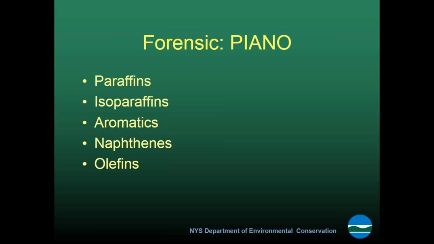And they said, okay, well, we're going to analyze for paraffins, isoparaffins, aromatics, naphthenes, and olefins. And I looked at that list and I recognized aromatics. I didn't know exactly what they were, but after this experience, I said, okay, I need to start work. I never did take organic chemistry in college, so I'm going to start gathering up information on these chemicals to develop at least some understanding, some base level of knowledge.